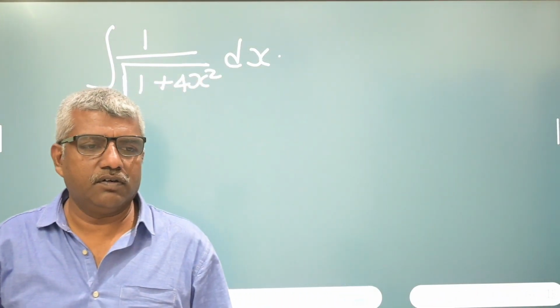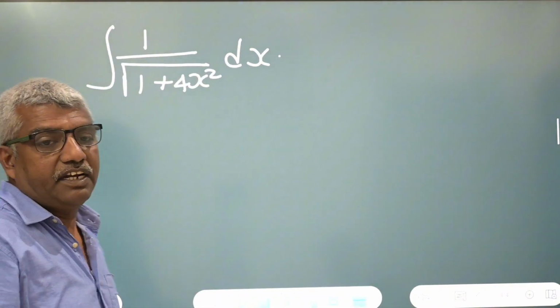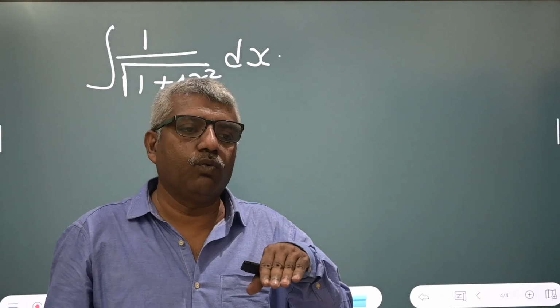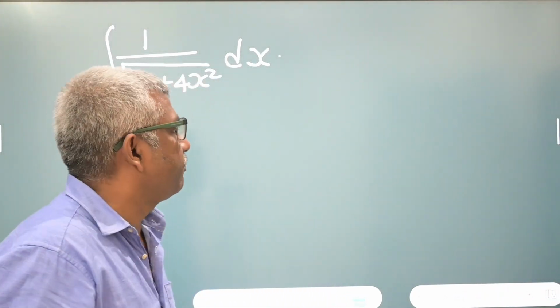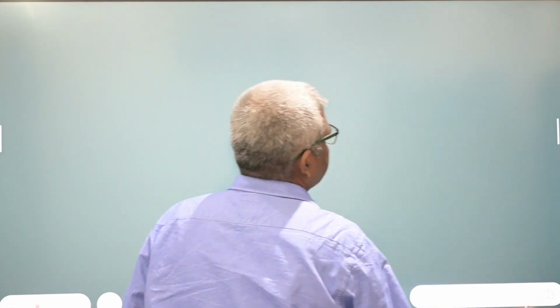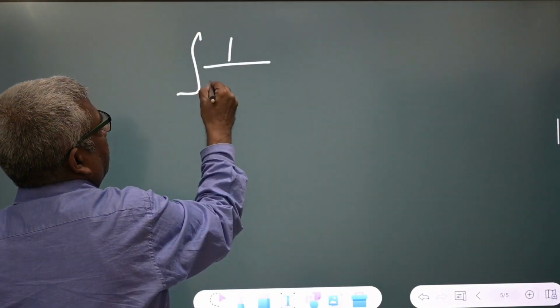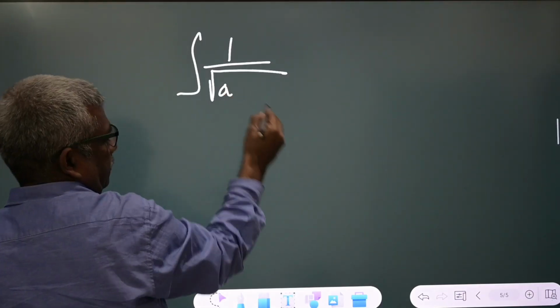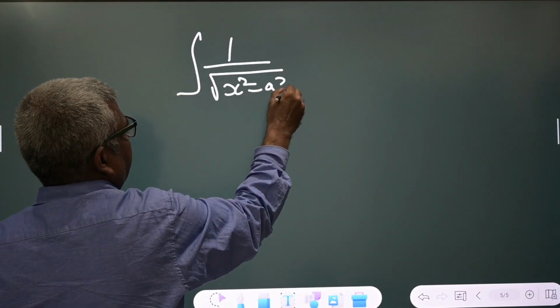Now see, the denominator is having a root. There are so many formulas. I will tell them. One is 1 by root of x squared minus a squared.